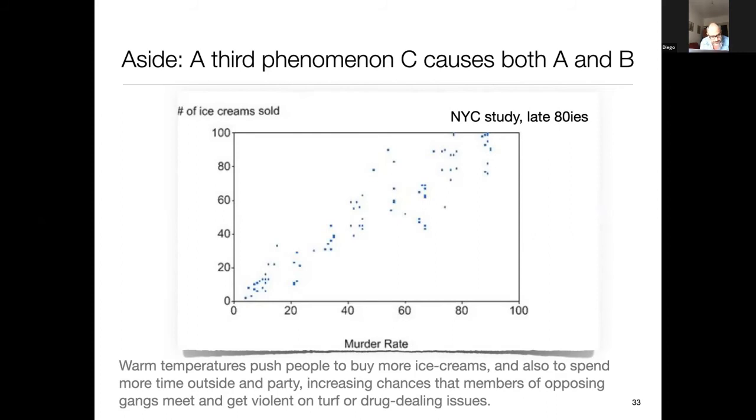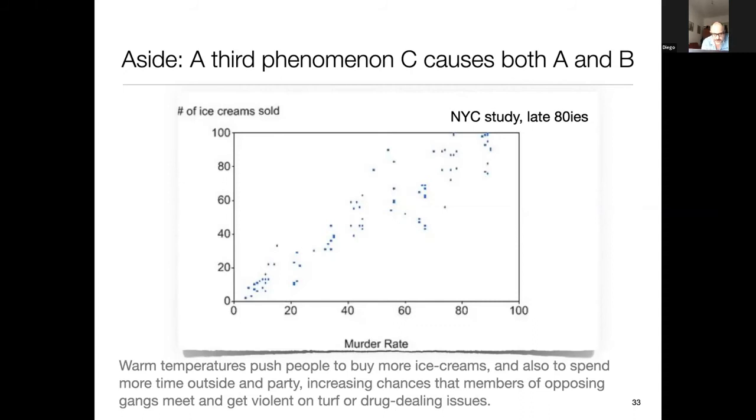And those data points, the blue ones, show a very strong correlation between two quantities that are seemingly completely disconnected. If you were to interpret this sloppily, you would stop selling ice cream, because you would think it would reduce a lot of the street violence in New York City.